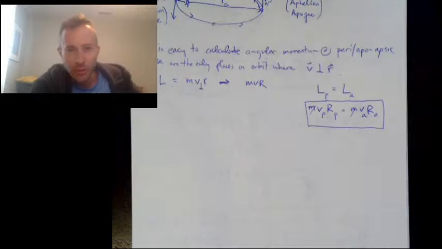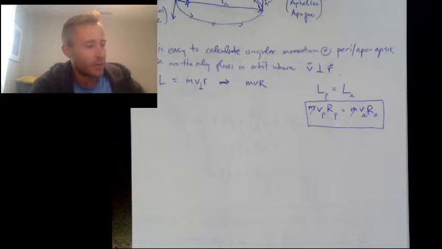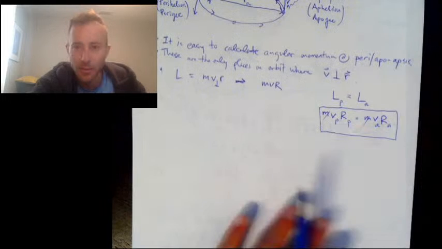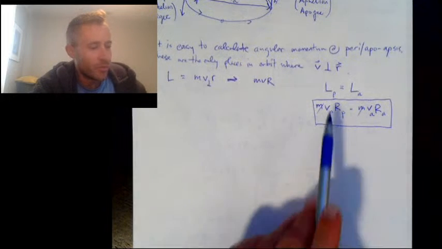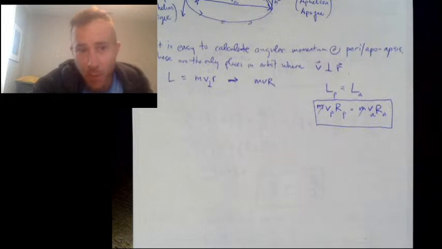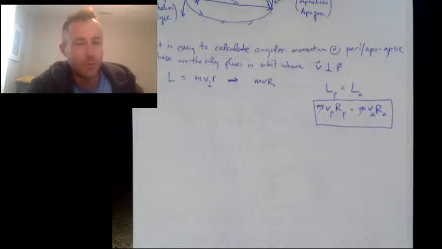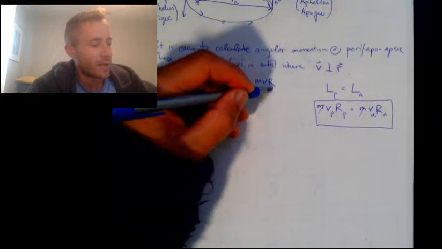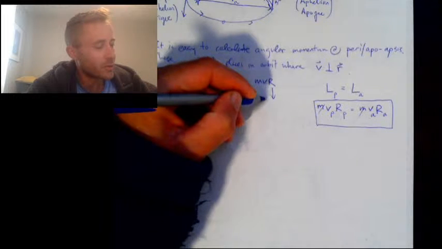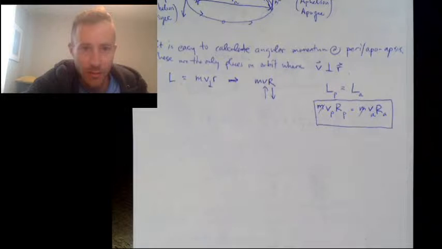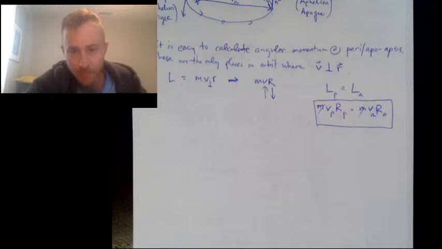So basically what this equation does is, if you know the size of the orbit, so you know the periapsis distance and the apoapsis distance, you can compare the velocities at apoapsis to periapsis. And in general, what you find is as the radius goes down, the velocity goes up. So the smaller your periapsis is, the higher your periapsis speed will be.